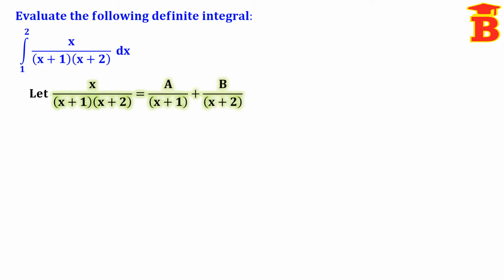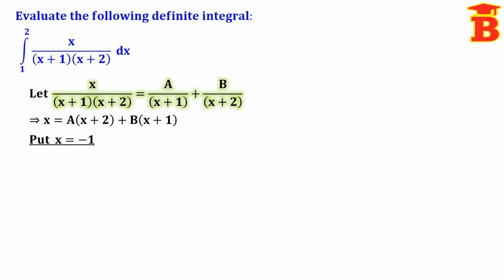So using partial fraction method, this term x by (x plus 1) into (x plus 2) can be taken as a by x plus 1 plus b by x plus 2. Now equating the numerator, left side numerator x equal to right side numerator term, taking LCM we get a into (x plus 2) plus b into (x plus 1).